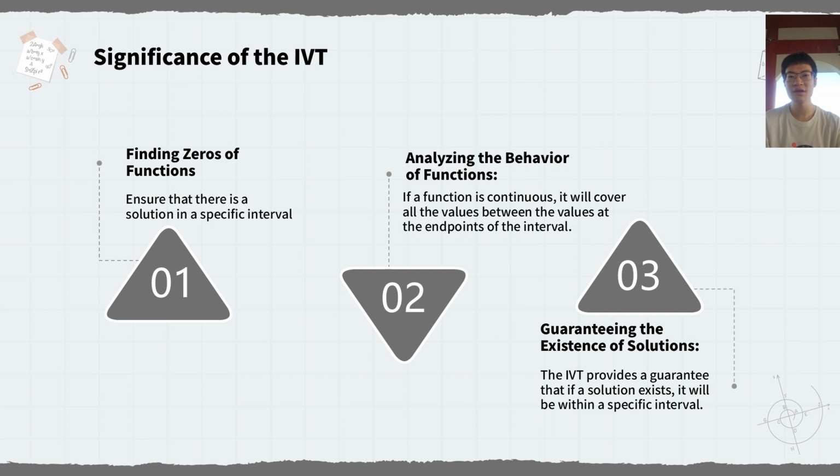So last but not least, the third one, guaranteeing the existence of solutions. In many mathematical problems, the intermediate value theorem provides a guarantee that if a solution exists, it will be within a specific interval. No matter how we approach this solution, we can always find it within the interval.